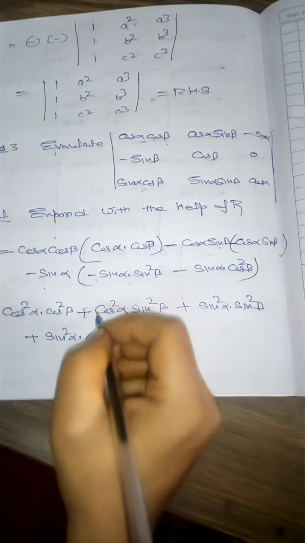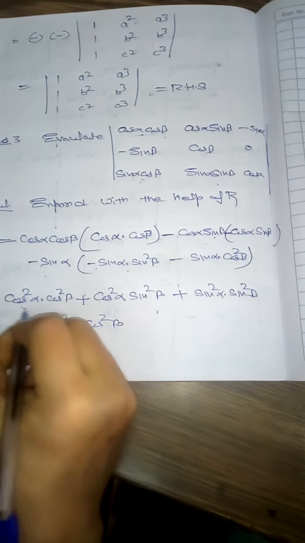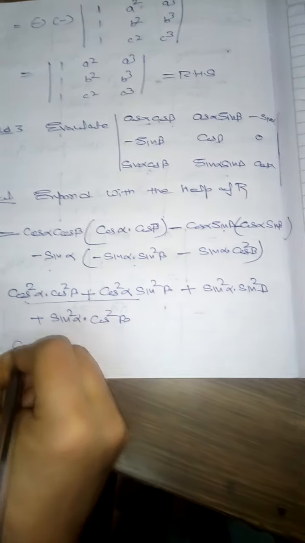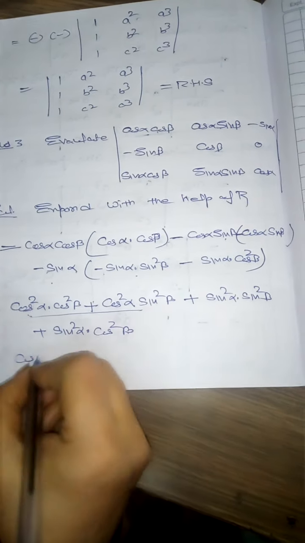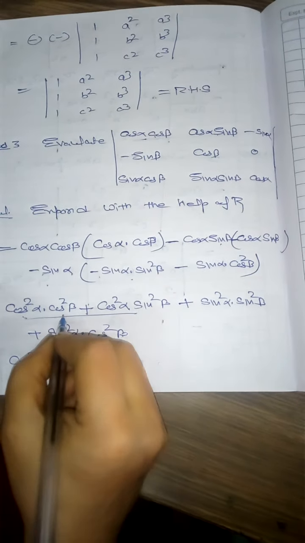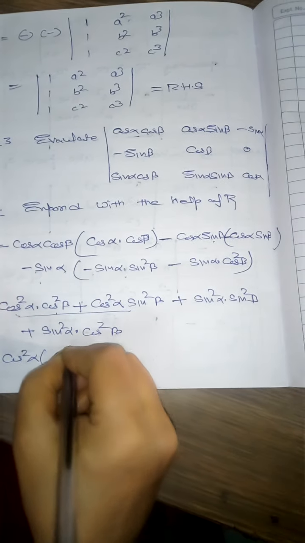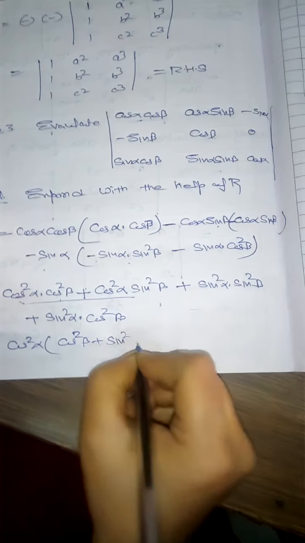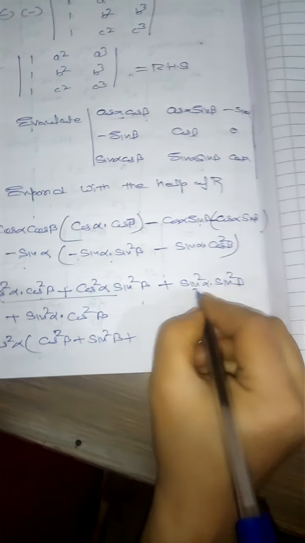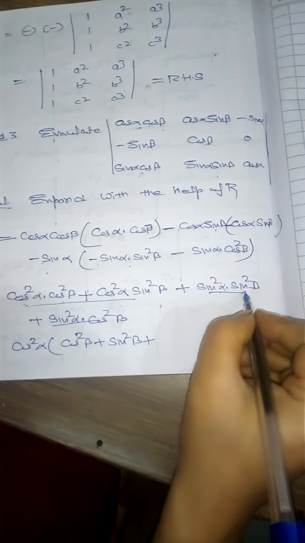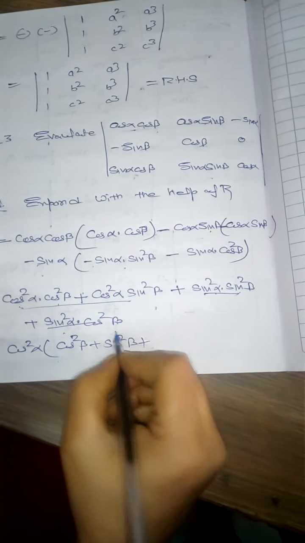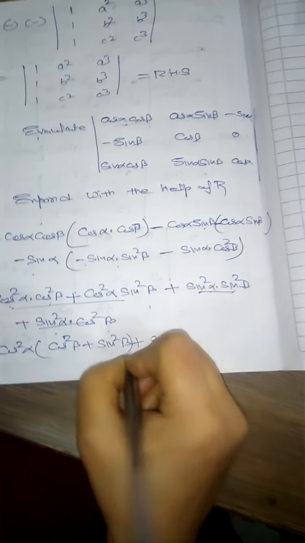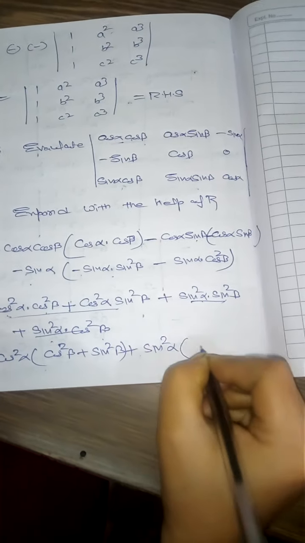Now after that we will take common from this step. Cos square alpha is common. What is left here? Cos square beta plus sin square beta, and again sin square alpha, sin square beta, sin square alpha cos square beta. So sin square alpha is common, so here what is left?